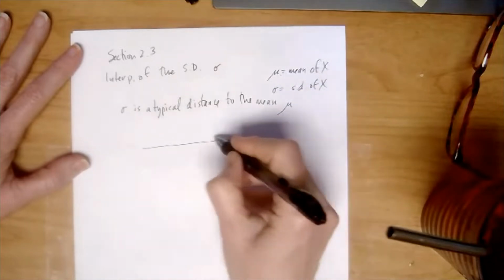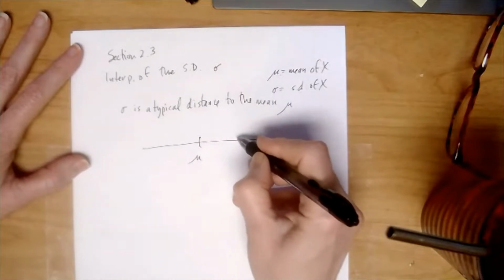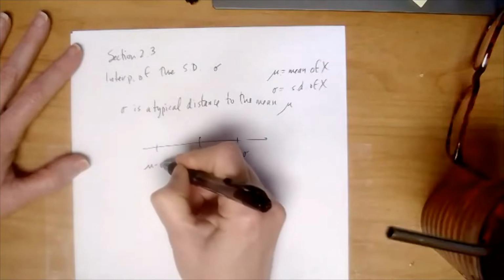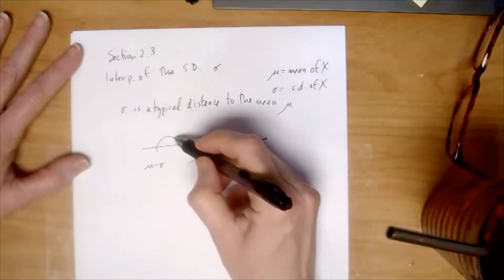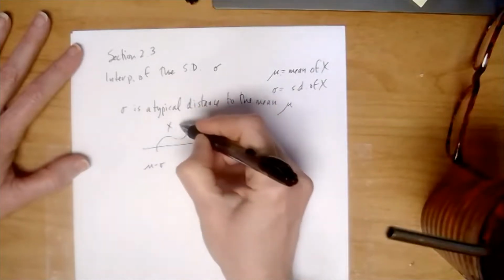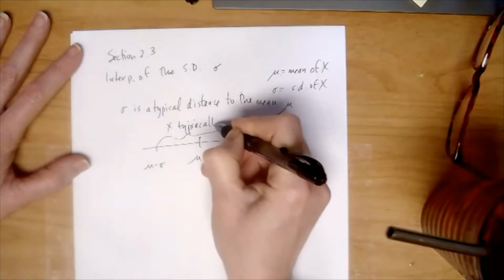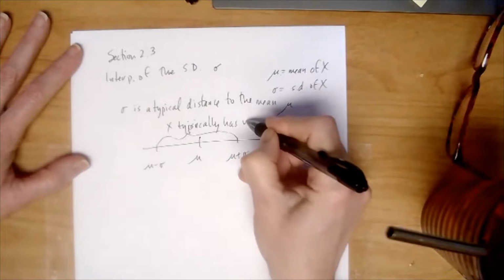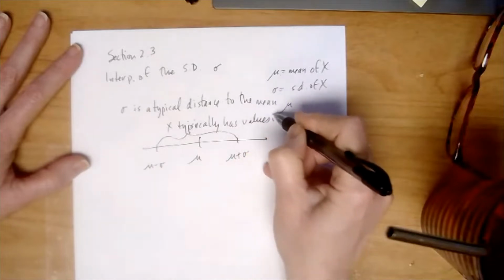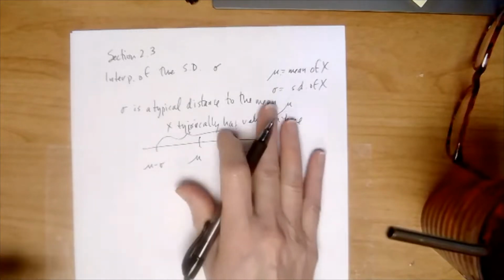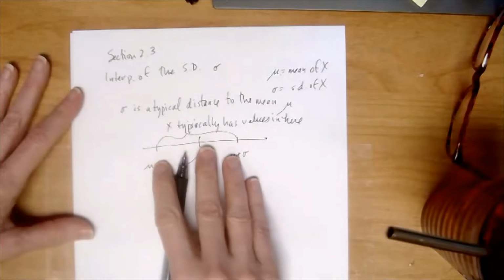So if I take mu and I add a standard deviation and I subtract a standard deviation, x typically has values in here. All right? So it's not uncommon to have values there.